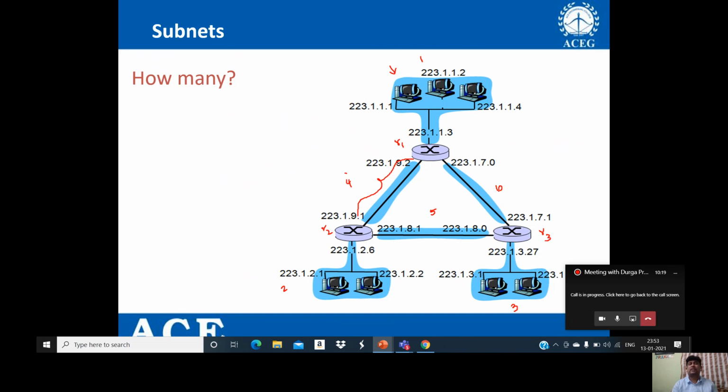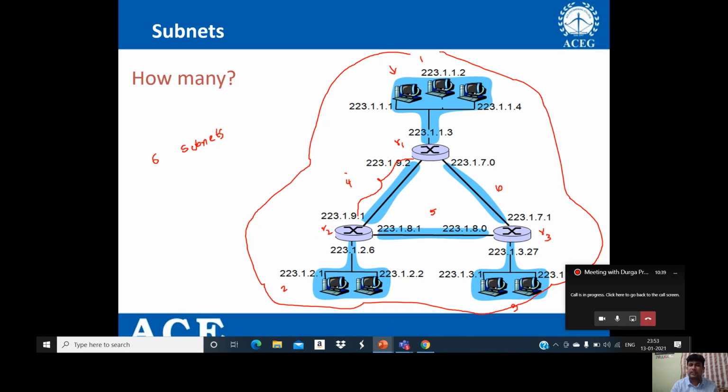So in this example, you could find a total of 6 subnets. Am I sounding clear? So this whole thing could be called an entire network, and this total network consists of 6 subnets.